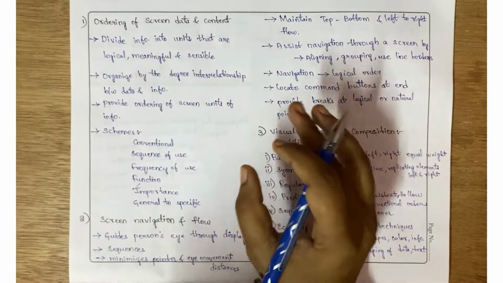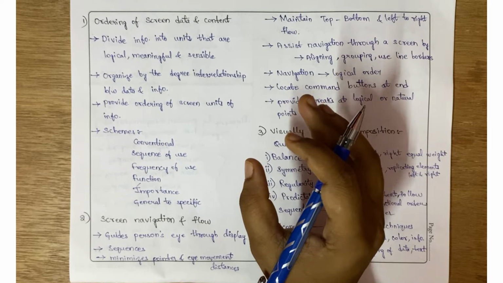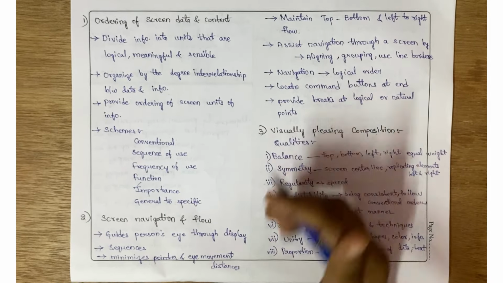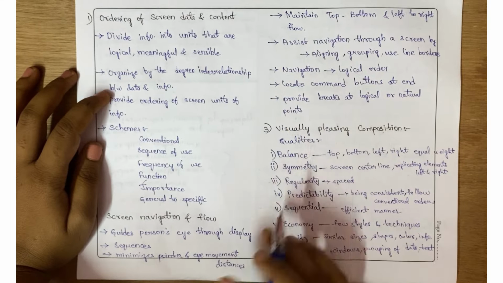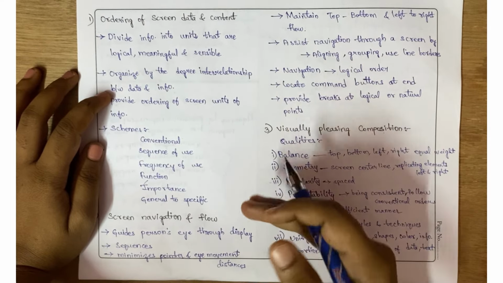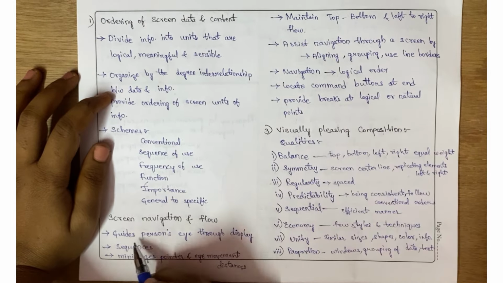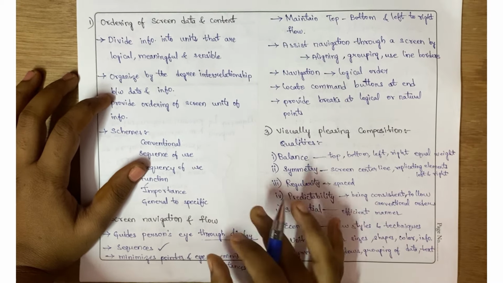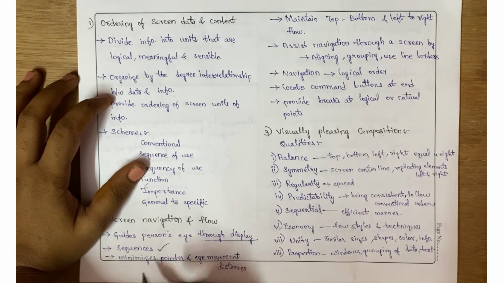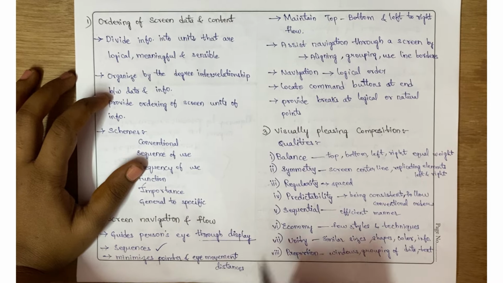Because of that, it is very easy for you to navigate and get the content. This navigation guides you on how to move and what content to read next. It guides the person's eyes through the display, tells the sequence in which you need to move, and minimizes the pointer and eye movement distances.